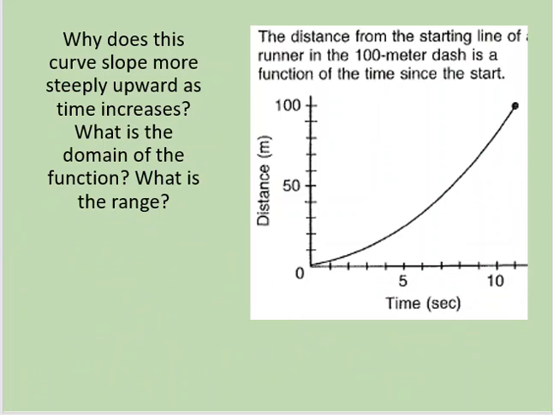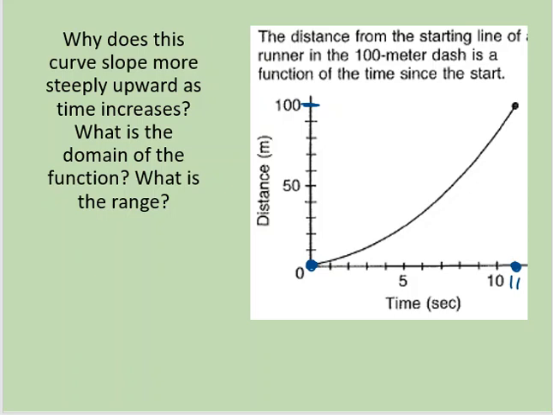Okay, next one. It says the distance from the starting line of a runner in the 100-meter dash is a function of the time since the start. So we're starting here, and we're going to run for, I guess, 11 seconds, and hopefully get to that 100-meter mark. So why does this curve slope more steeply upward as time increases?